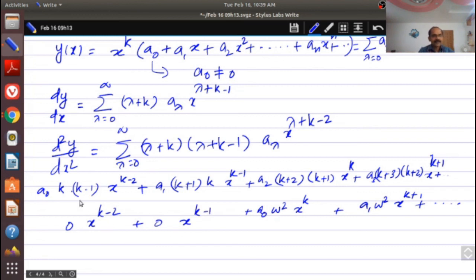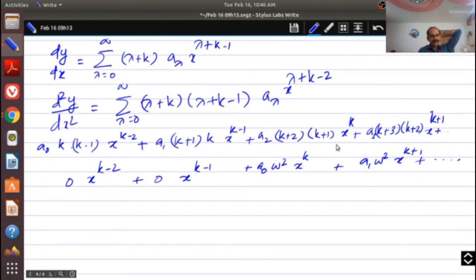And this is what precisely we got. A0 into k minus 1 is equal to 0, which was our indicial equation. A1 into k plus 1 into k equal to 0 was our second indicial equation.